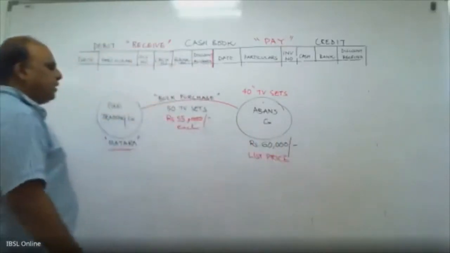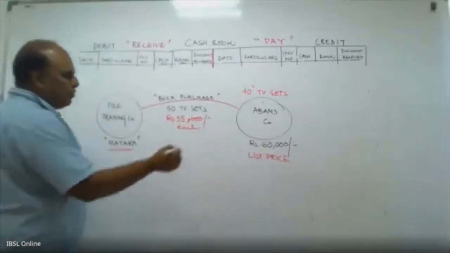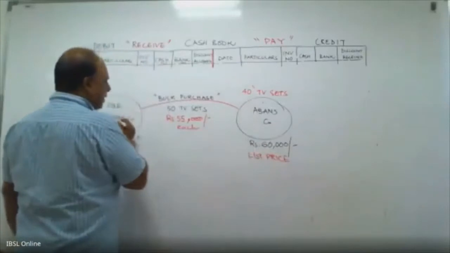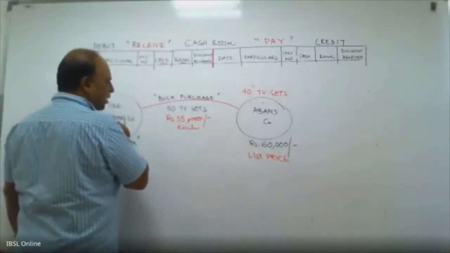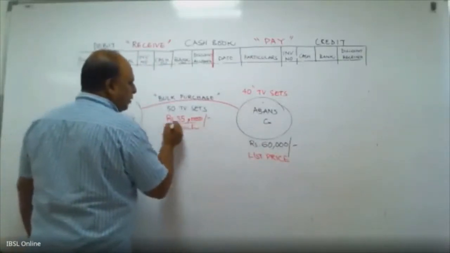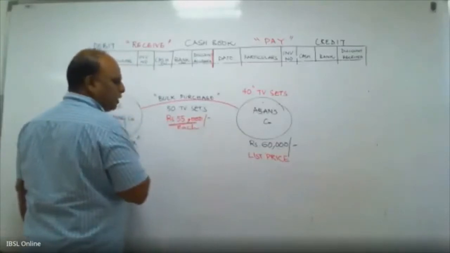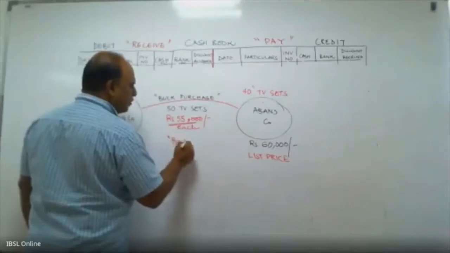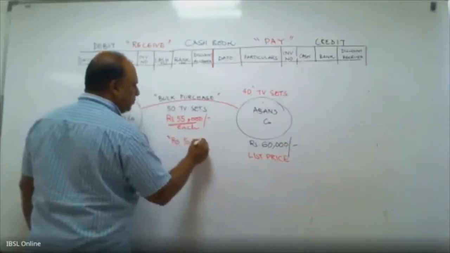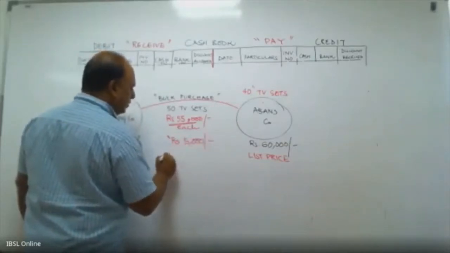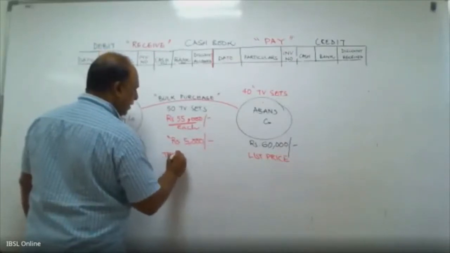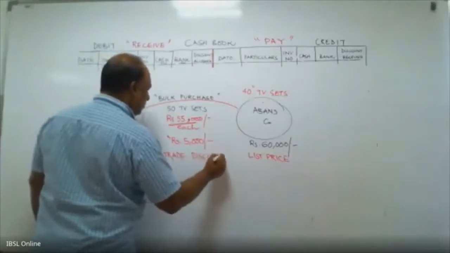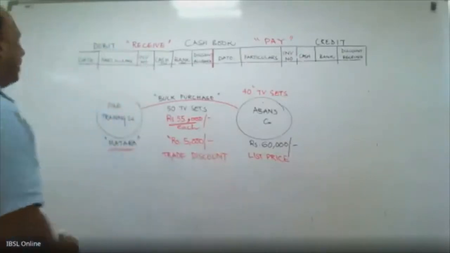This is the list price. So from the list price, Abans has given a discount to PQR trading, to 55,000, which means they have offered a discount of rupees 5,000, which is a trade discount.